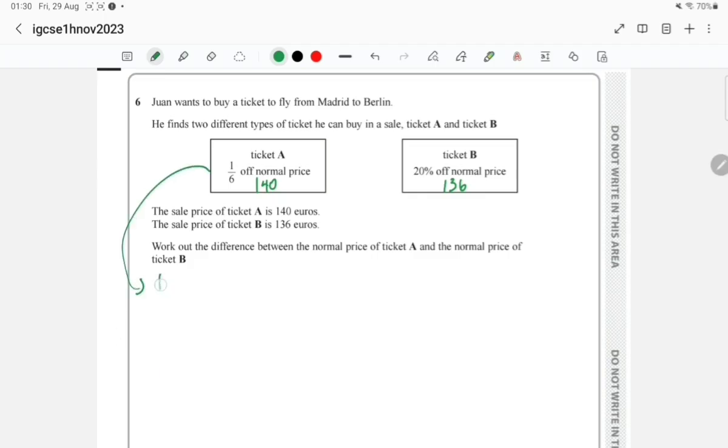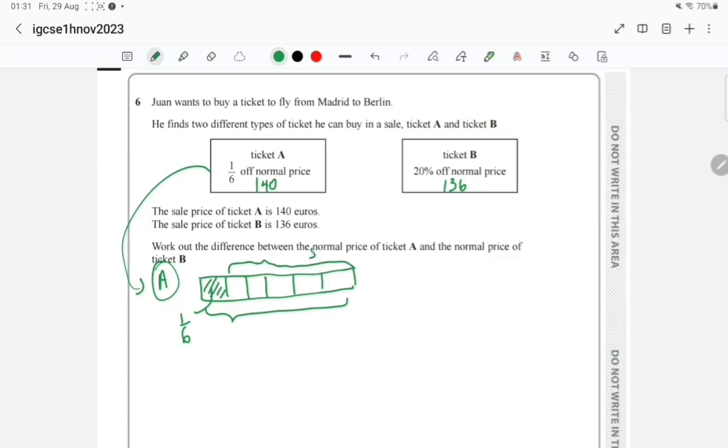Okay, let's start with ticket A. So let's use fractions, so 1, 2, 3, 4, 5, 6. So if this was the normal price, now I have removed 1/6 of that price, so 5/6 will be left. This 5/6 is the sale price, right? This was the normal price. The 5/6 will represent the sale price.